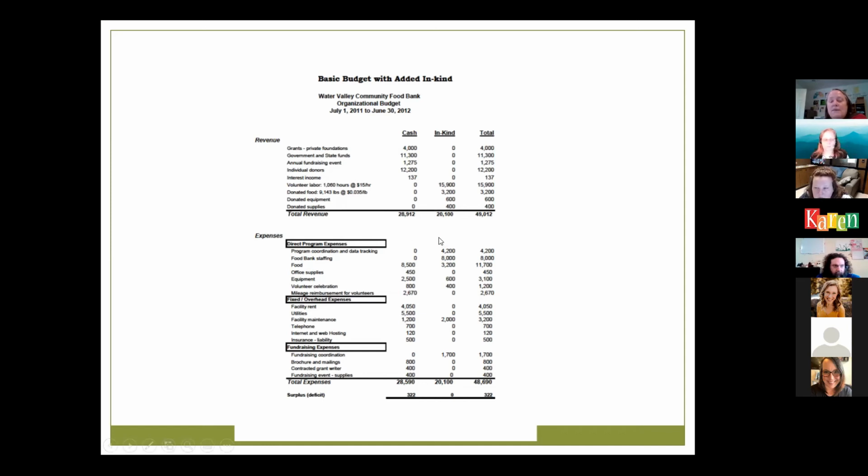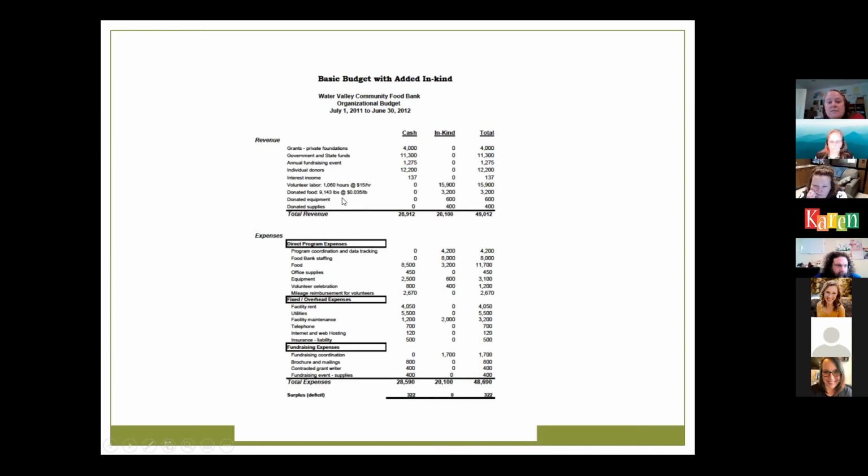So what kind of in-kind is this organization getting? Well, looky here. It looks like they're getting a whole bunch of volunteer help, and they're estimating the value of this volunteer help at $15 an hour. Great.